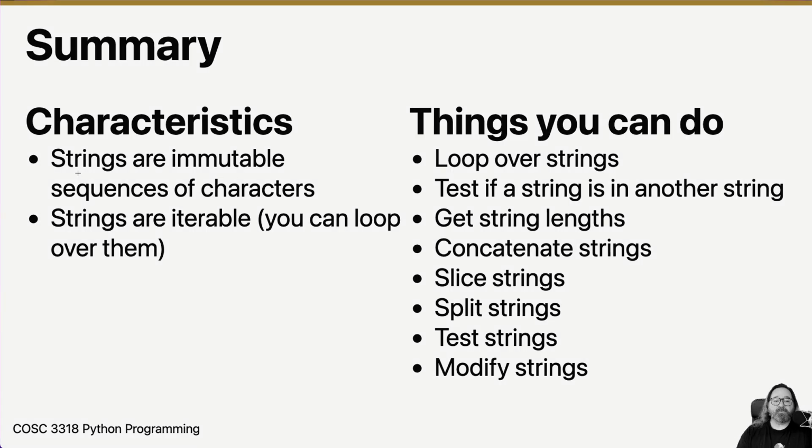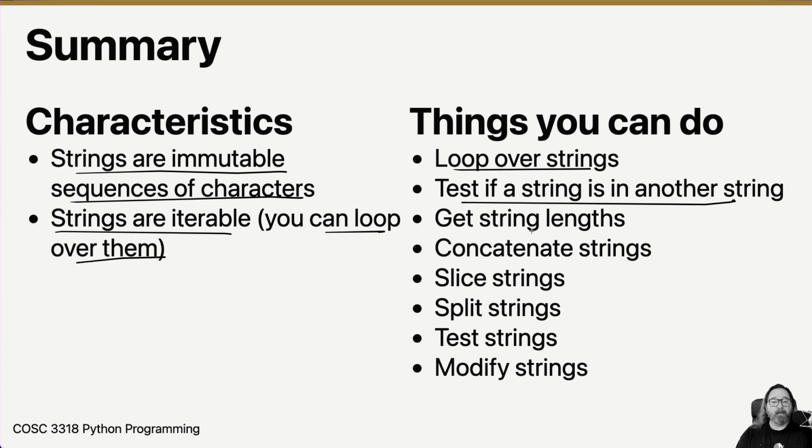So in summary, strings are immutable sequences of characters, like a tuple is an immutable sequence of values. Strings are iterable, so you can loop over them. You can test if a string is in another string, you can get their length, you can concatenate them together to make new strings, you can slice strings to get a portion of them, you can split strings to break them up into a list, and then you can modify those strings.